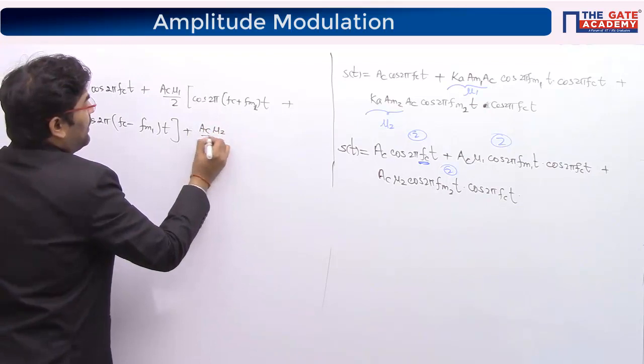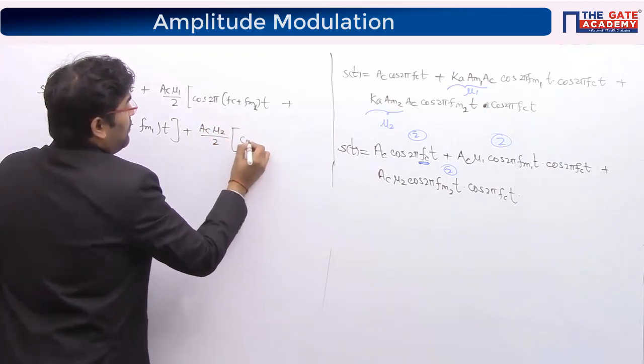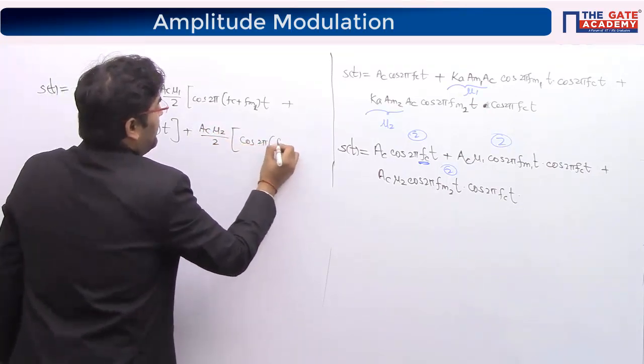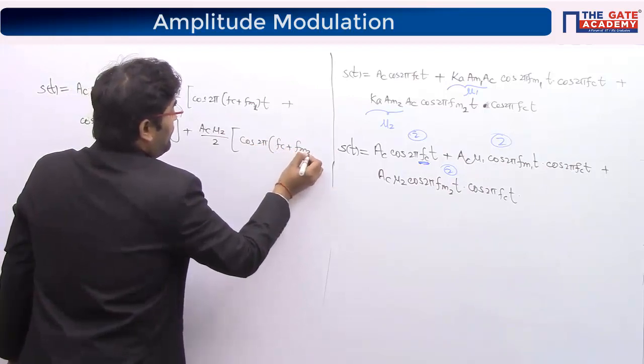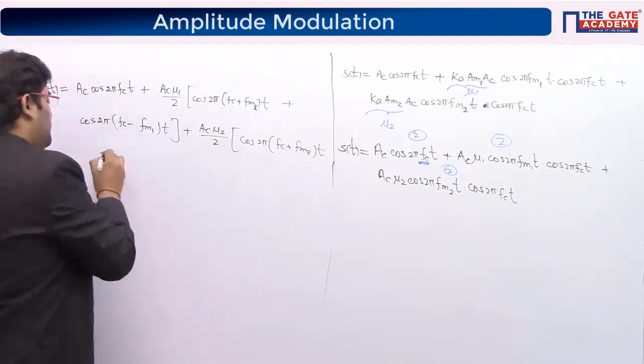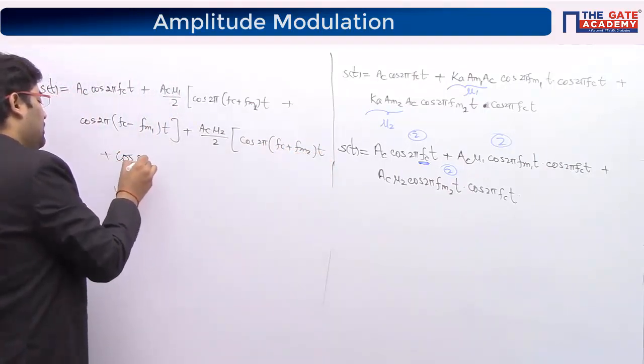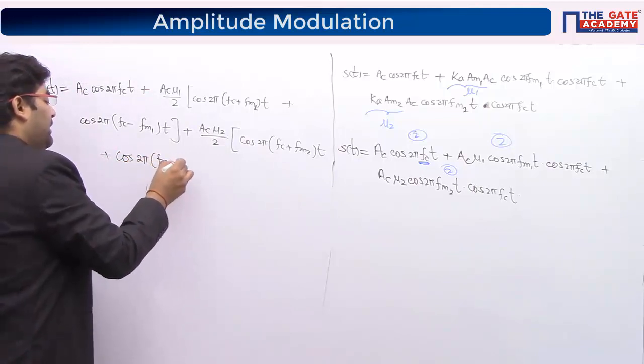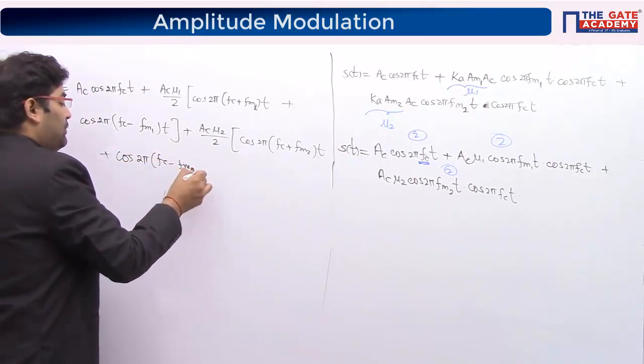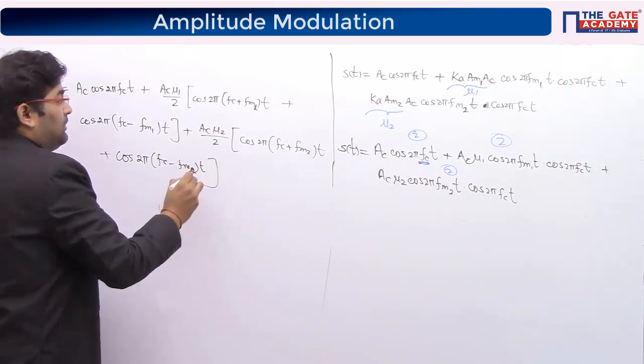Now we'll go to the other term, AC mu2 by 2 into cos 2 pi Fc plus Fm2t plus cos 2 pi Fc minus Fm2t. That's it.